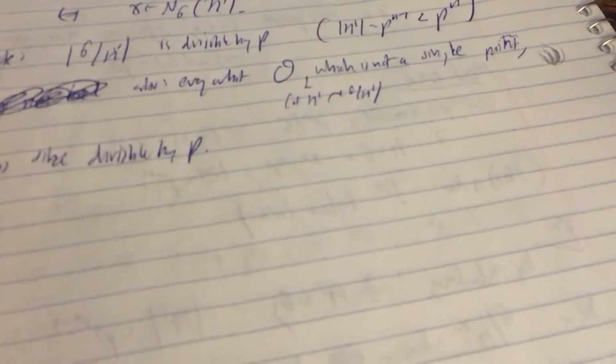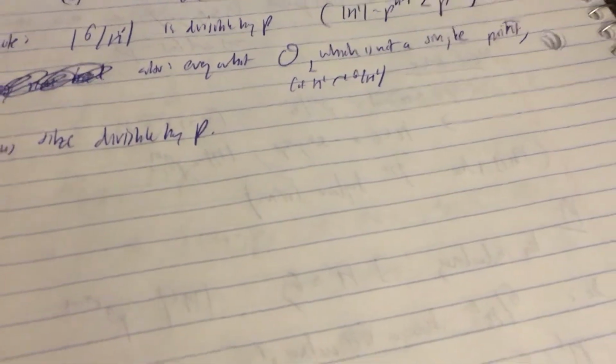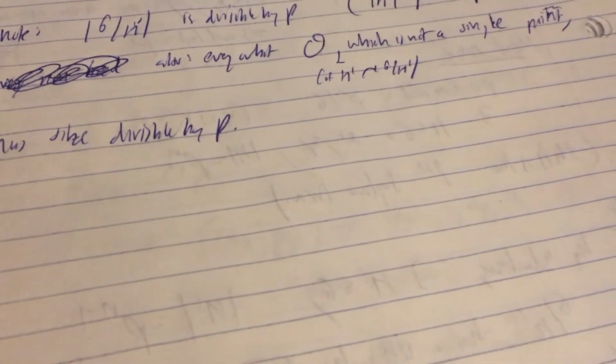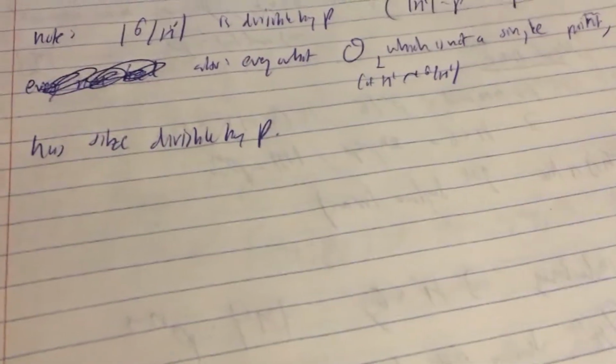Well, H prime is a p group, its order is a power of p, and orbit sizes divide the size of the group that's acting. So if you take an orbit which is not a single point, you're getting a power of p, something divisible by p.